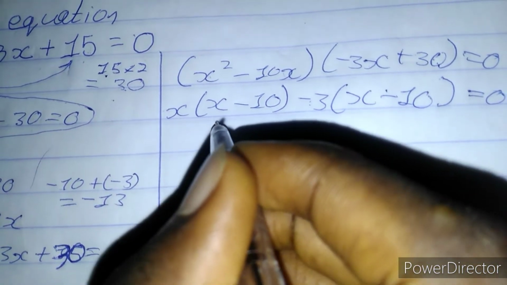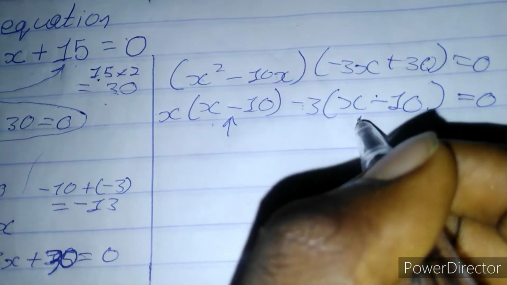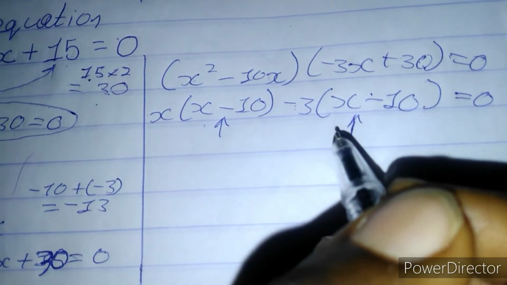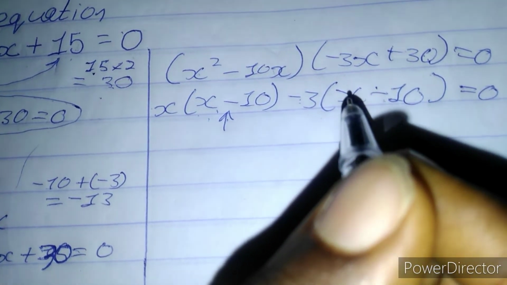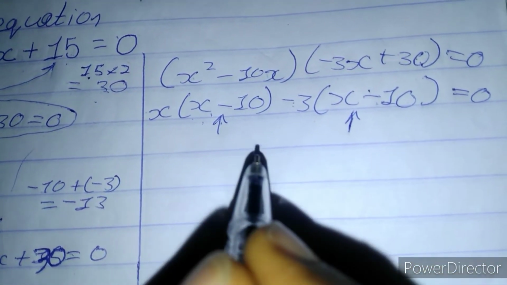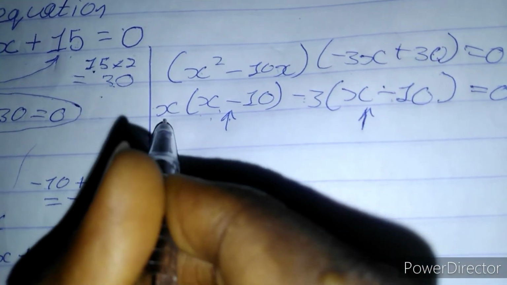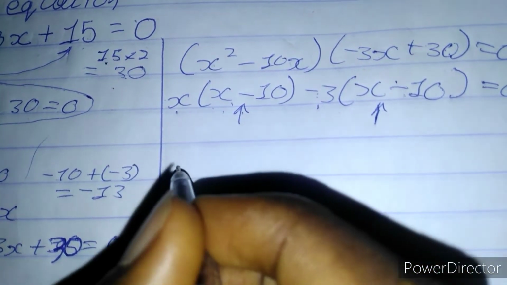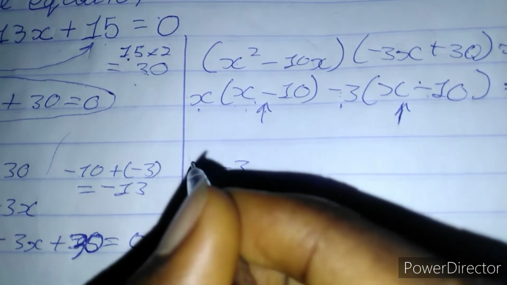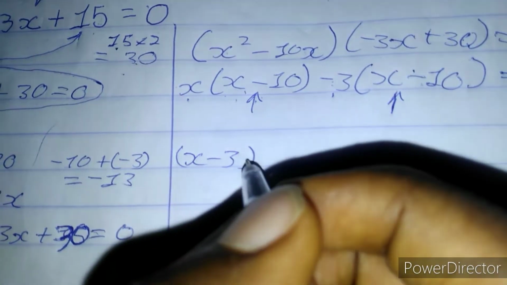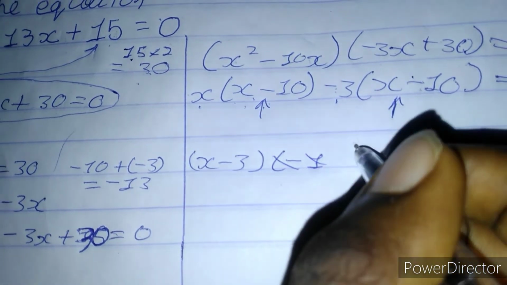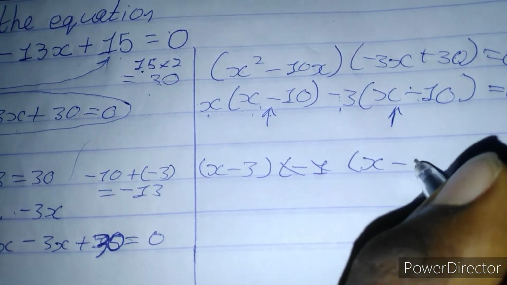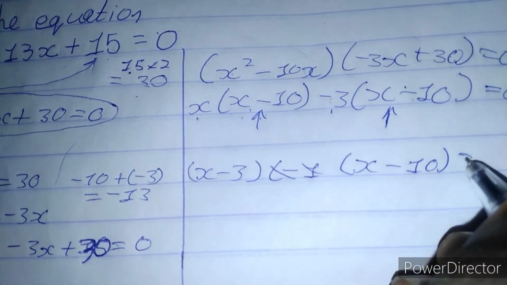As we've seen, all our brackets have been the same throughout this video. As I said earlier, if these brackets are not the same, you are wrong somewhere in your working. Retry. So we pick this x and this minus 3 out: x minus 3. Then one of these brackets, x minus 10, equals 0.